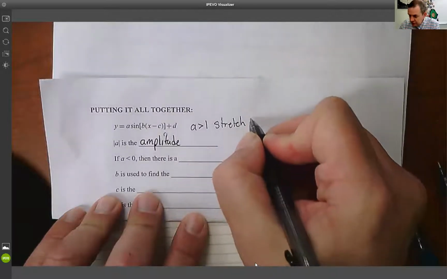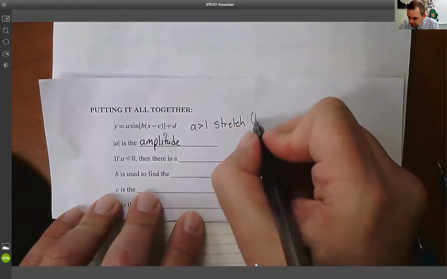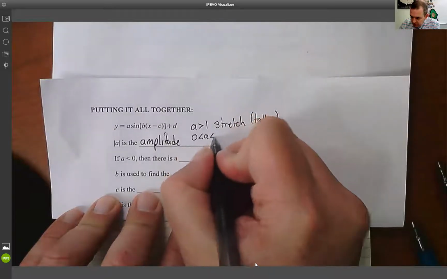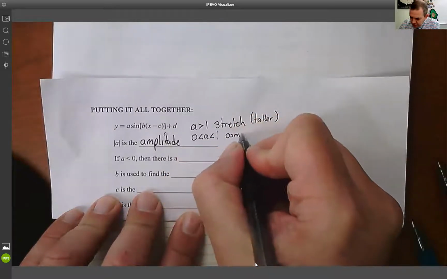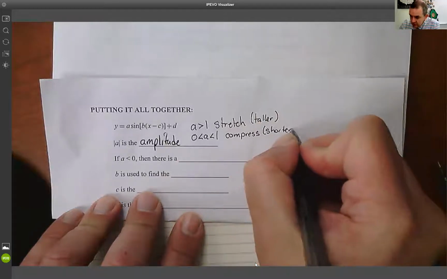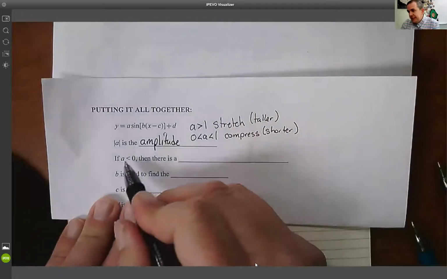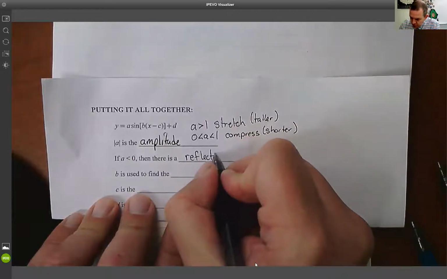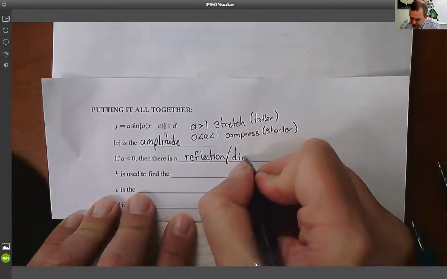What I mean by a stretch is it's going to make it taller. If A was between 0 and 1, we're going to have a compression. Technically make it shorter. If A is a negative number, then there is a reflection, or we called it a direction change.